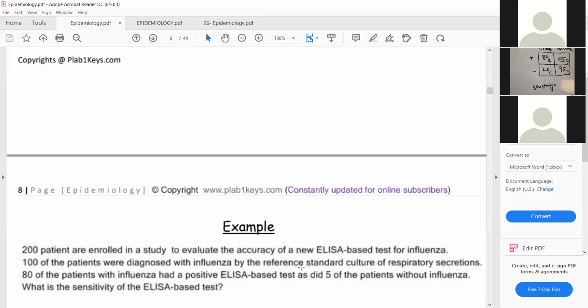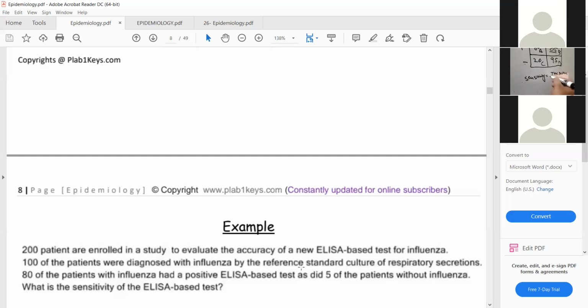So we need to take into account this disease column. Because sensitivity is the ability of a test, we'll take into account this disease column, and sensitivity is calculated by true positive.